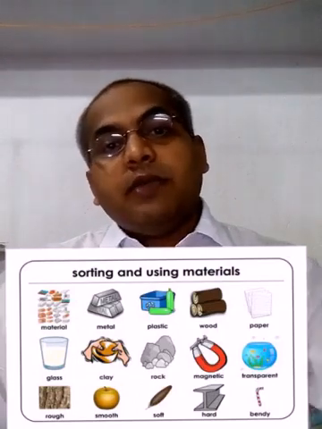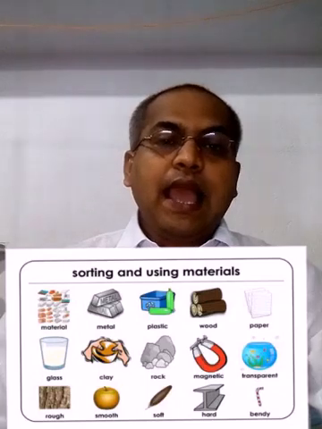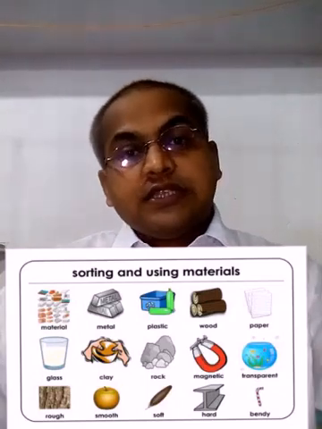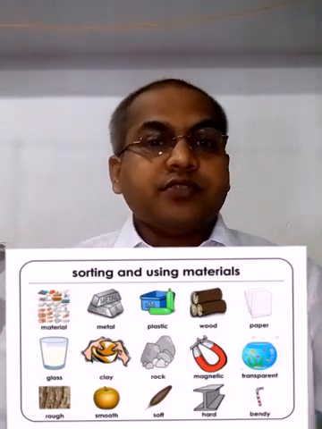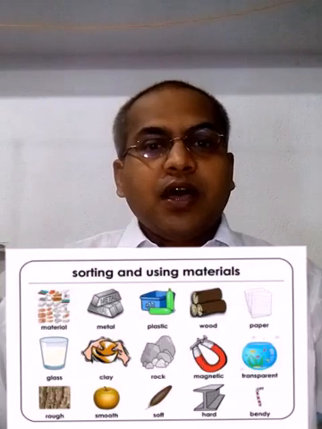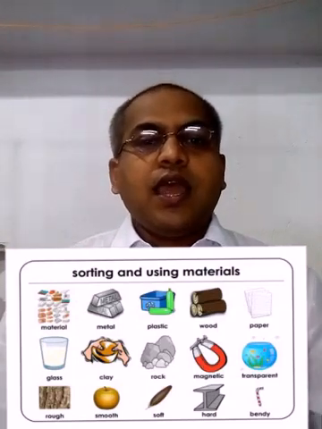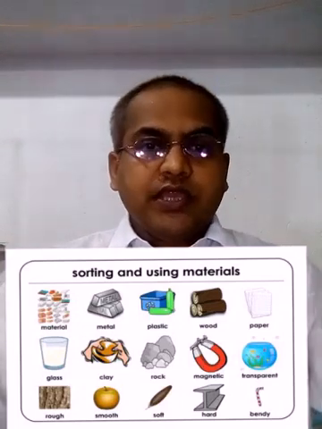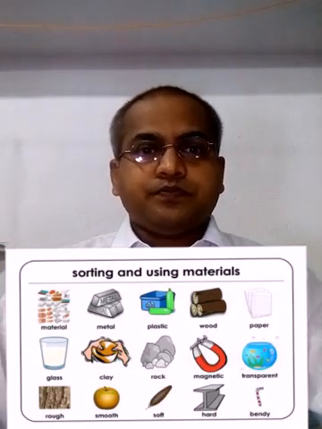If you observe metals like iron, copper, aluminium, they have differences among each other, but steel, iron, copper and aluminium have some similarities. But plastic, wood and metals don't have a lot of similarities. They are different from each other.